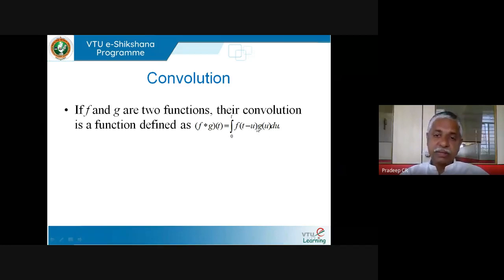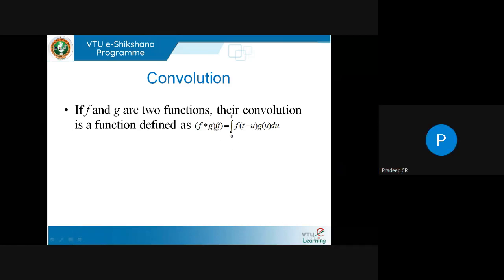So I integrate this with respect to u, and I'll end up with t, and that I'll integrate from 0 to t, 0 to 1, because I want f star g at 1. If I want f star g at 2, then I'll do the same thing with t replaced by 2. So for every point, if I want to find the value of f star g, I have to keep integrating with limits between 0 and whichever point I want. That's the definition of convolution.